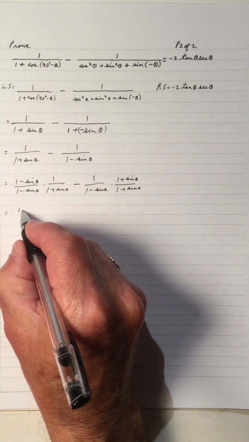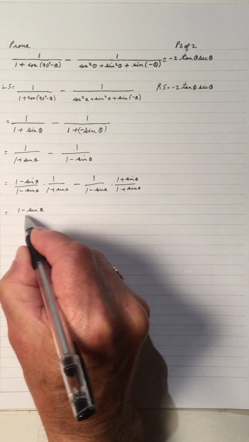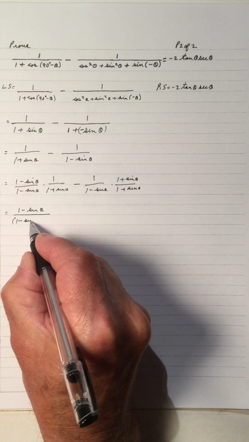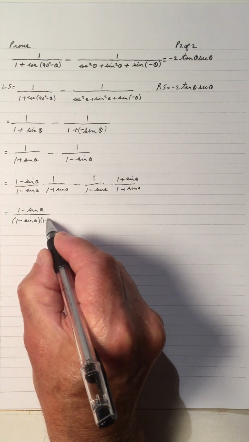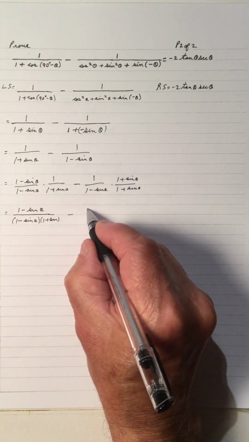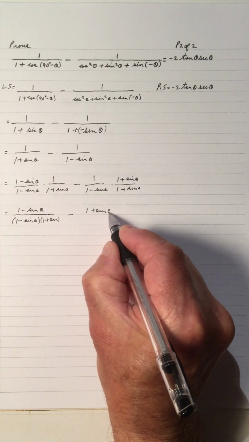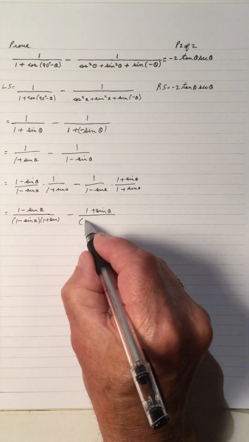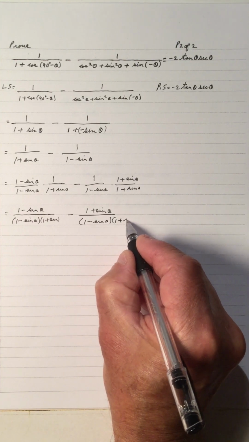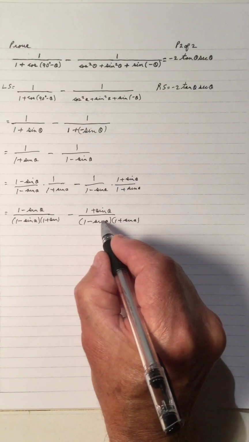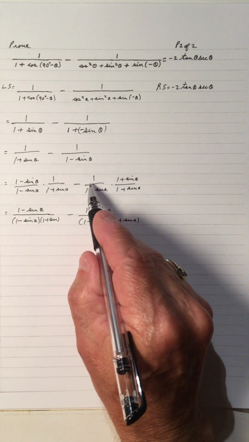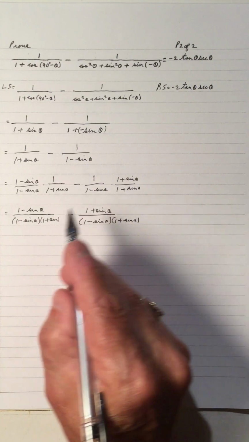We get 1 minus sine theta all over 1 minus sine, 1 plus sine, subtract, and multiplying, I get 1 plus sine theta. The product of the denominator is 1 times 1 minus sine, and 1 times 1 plus sine.